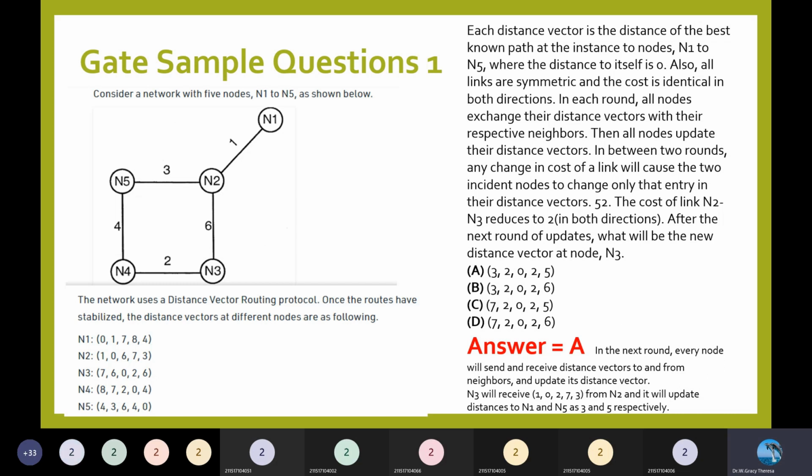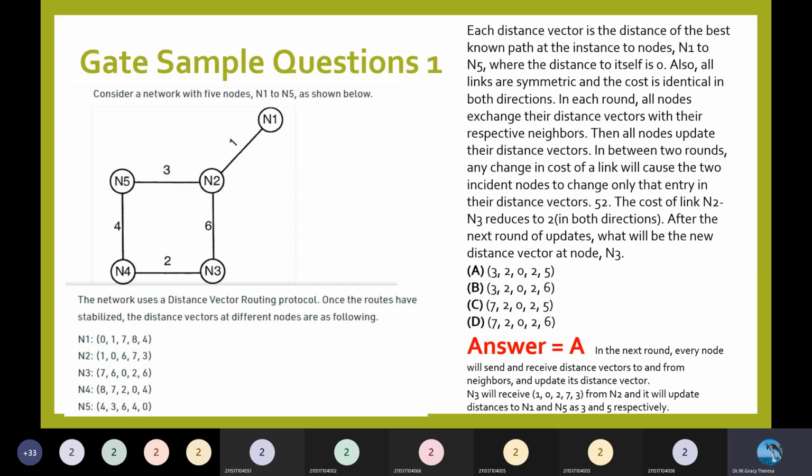Node 1 to node 4 is 8, because 7 plus 1 is 8. And node 1 to node 5 is 3 plus 1, which is 4. So the cost of reaching every node from node 1 has been given. The link paths have been given.